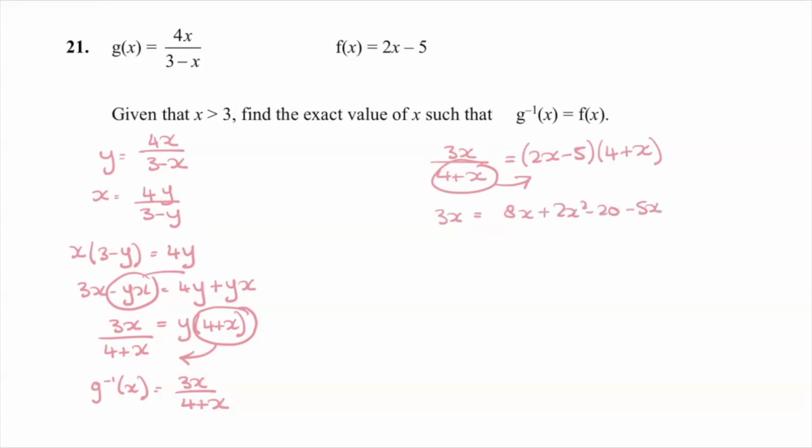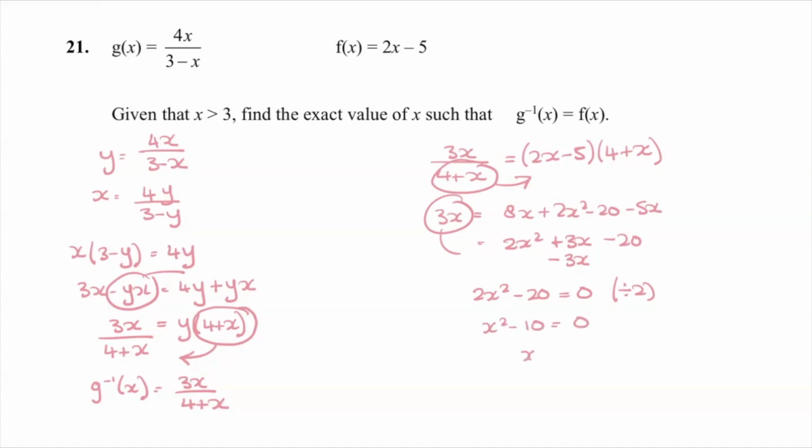I'm going to tidy all of this up, and I've put it in the order that I like. This 3x is going to come across, land as minus 3x, so that I end up with 2x squared minus 20 equaling 0. I'm going to cancel this down, divide through by 2 to give me x squared minus 10 equals 0.